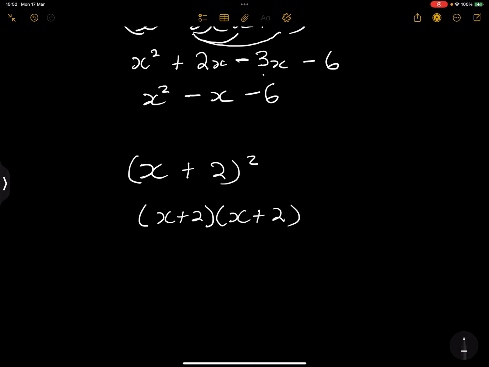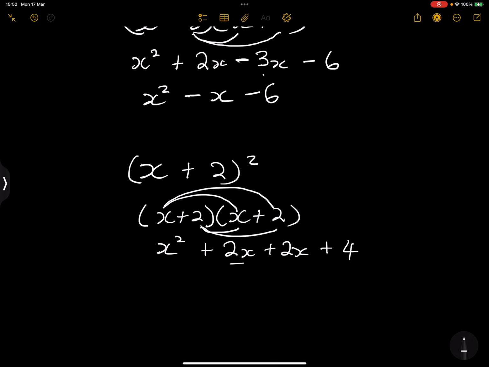So what we then do is we've got x squared, that's x times x. That's going to be 2 times x, which will be 2x. And we've got 2 times x again, that will give us 2x. And the last one is plus 4. So notice x squared plus 2x plus 2x gives us 4x plus 4. All right, so that is how we are going to do that.